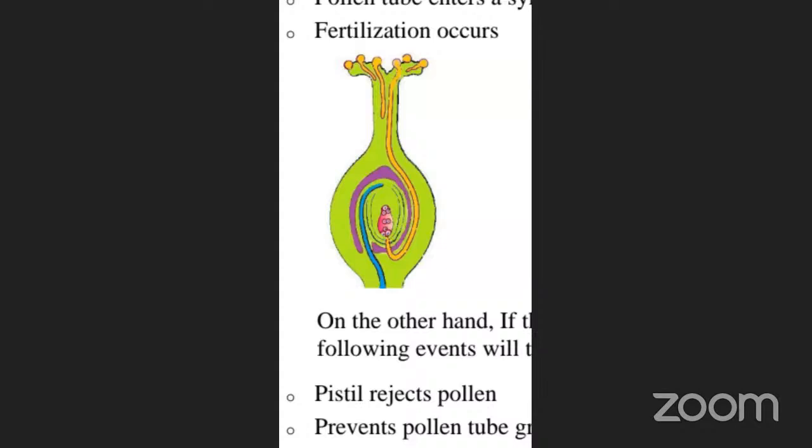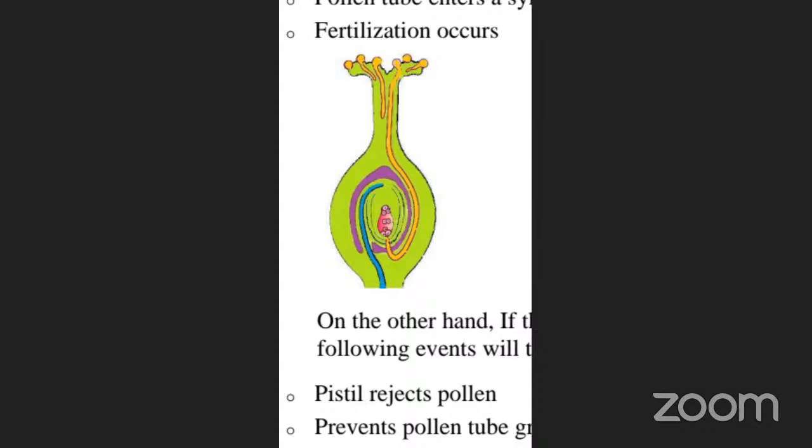One fuses with the egg. The second fuses with the secondary nucleus, in which two nuclei are already fused, then another one joins.